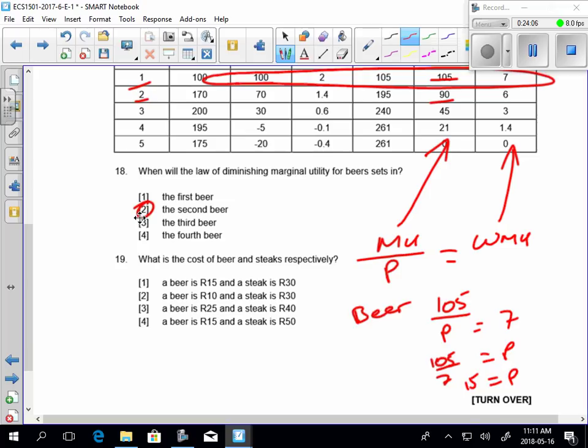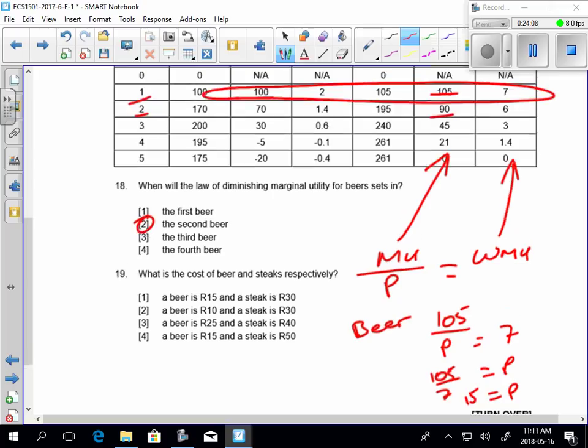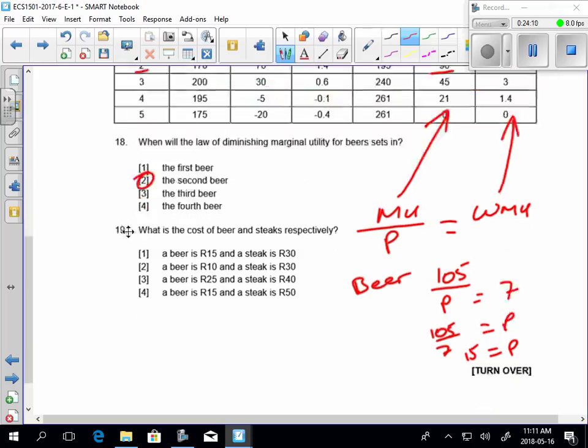Right. Same thing for your steaks. Just again take the first unit here. For steaks, you had a marginal utility of 100 divided by the price is equal to 2. Price of steak is 50, price of beer is 15.